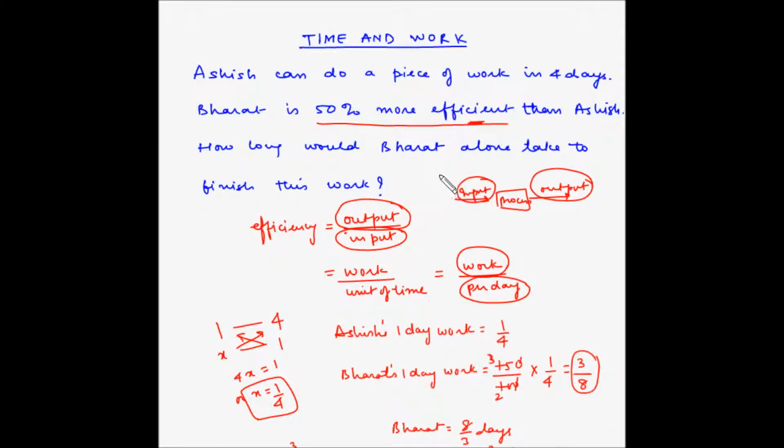Now let's again look at this problem. Ashish can do a piece of work in 4 days and Bharat is 50% more efficient. Now if we did not consider this definition of efficiency, which is work per day, and we mistake this efficiency to be in terms of days, we would say, okay, Bharat is 50% more efficient, so he'll take fewer days, so he'll complete the work in 2 days.